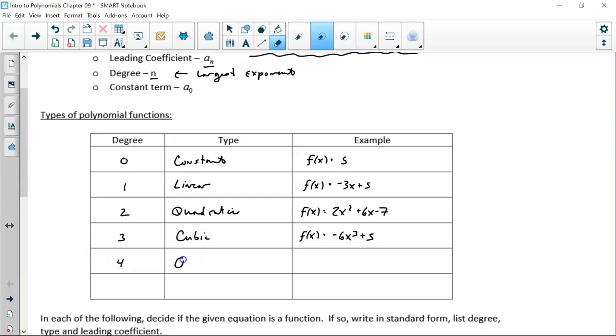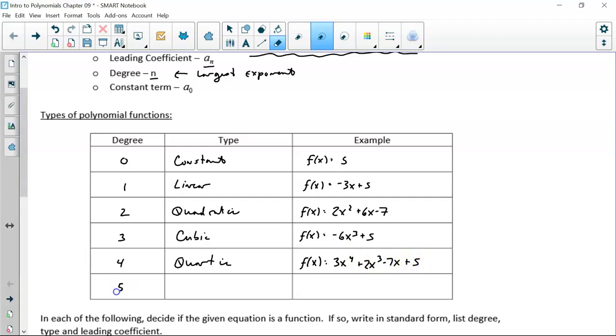Degree of 4, we call that a quartic. Think about 4 quarters in a game, or 4 quarters in a dollar. So for example, f of x equals 3x to the 4th plus 2x cubed minus 7x plus 5.